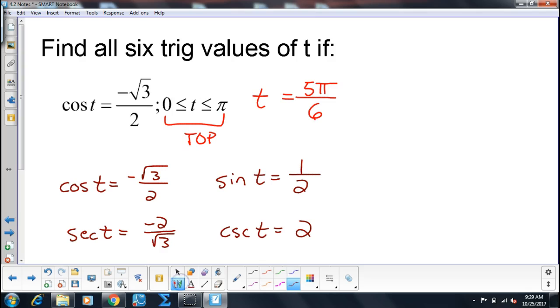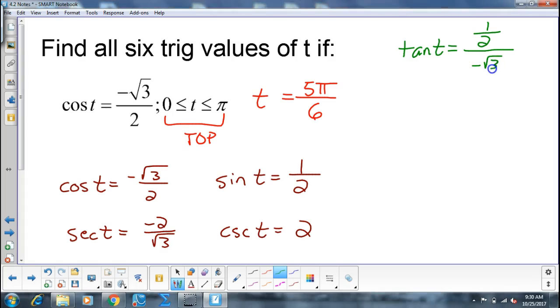Now for tangent, that's going to be y, or sine, which is 1/2, over x, or cosine, negative square root of 3 over 2, right? Do I like that fraction?